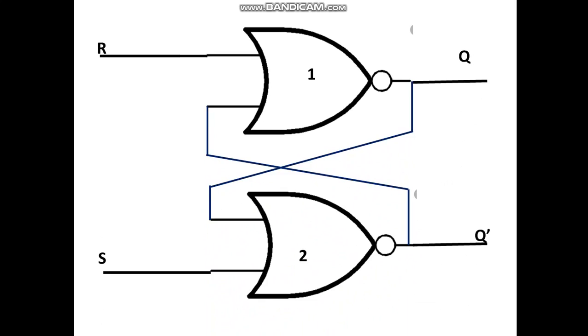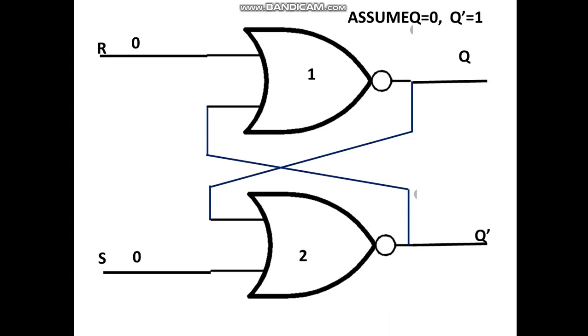Now I will give the input R is equal to 0 and S is equal to 0. When R is equal to 0 and S is equal to 0, we cannot get the output of Q and Q bar, so I have to assume the previous state. Since we don't know the previous state, we have to assume it. First I will assume the previous state Q as 0 and Q bar as 1.